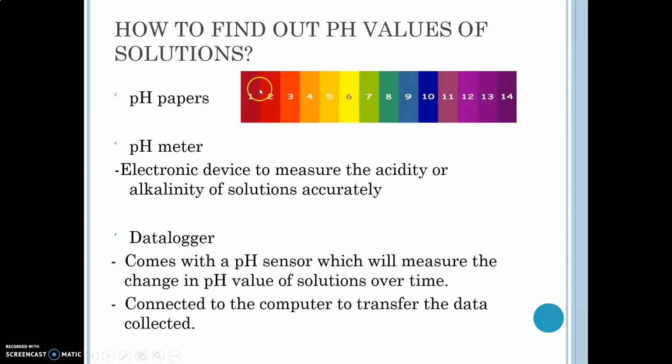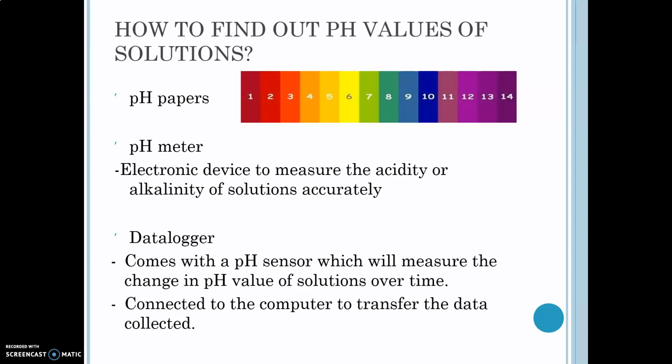When you dip it in the solution, it shows a color, and you can compare the color you have with the colors here. When you compare them, you can tell if it's acid or base, strong or weak, according to the number.